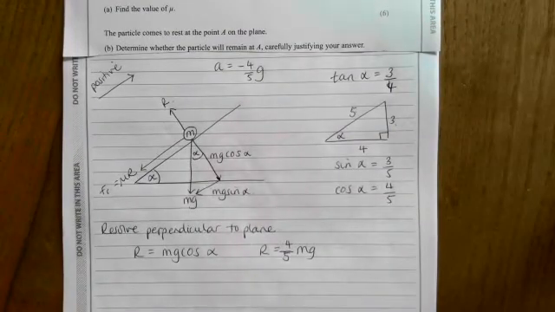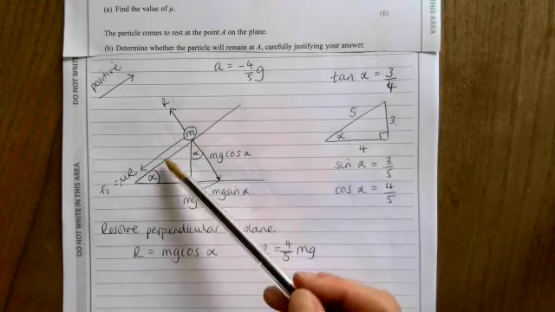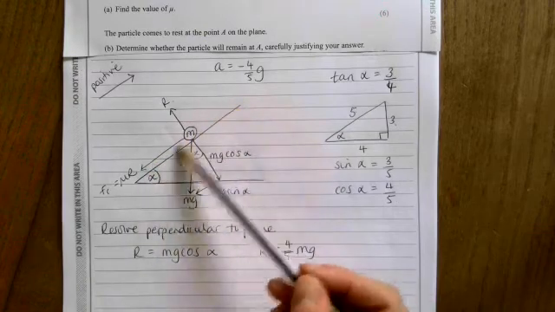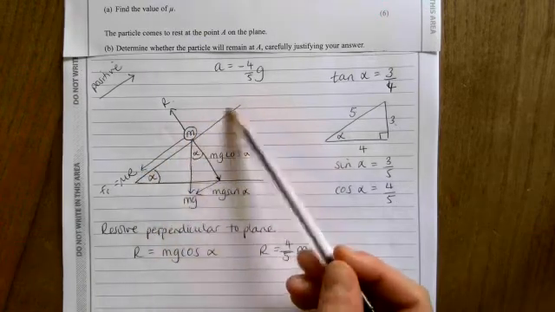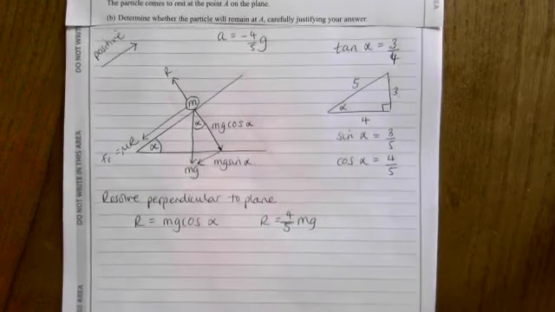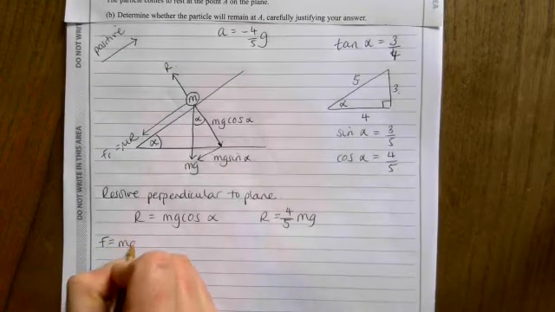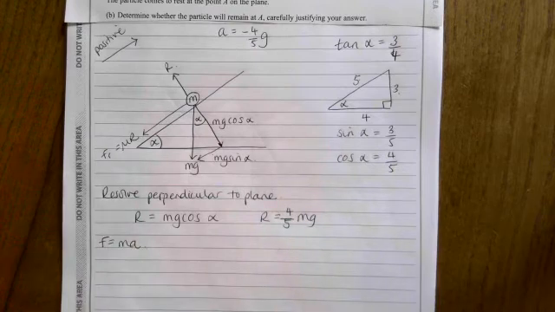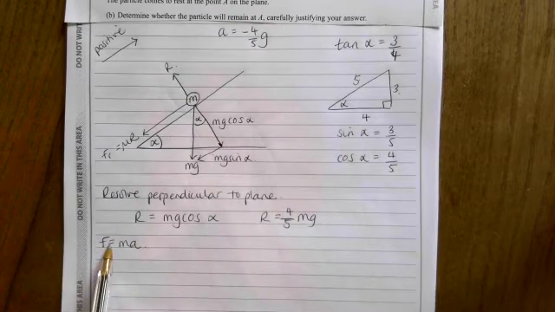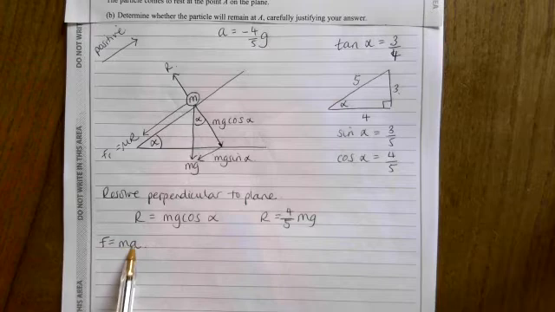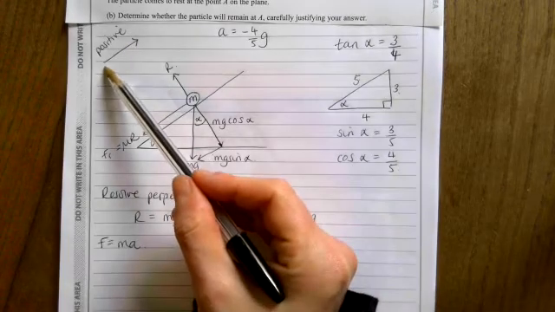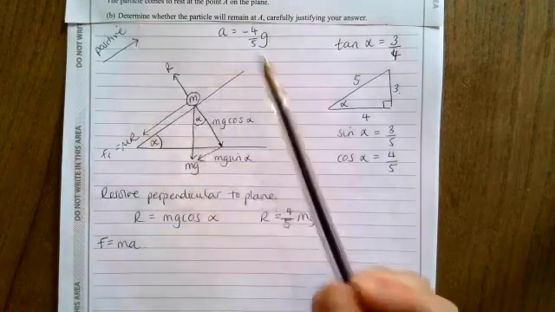Now, in order to find mu, I'm going to need to think in terms of forces parallel to the plane. I know that F equals ma, so the resultant force is equal to the mass times the acceleration. Earlier on I said I was going to take that direction as positive.